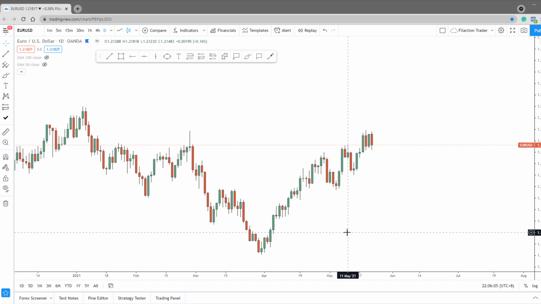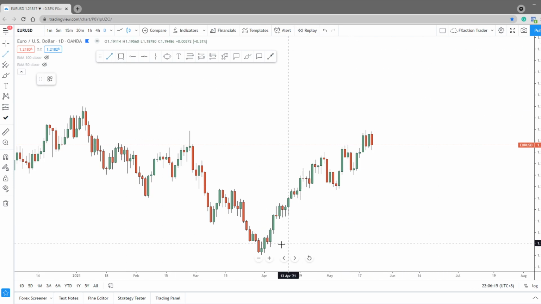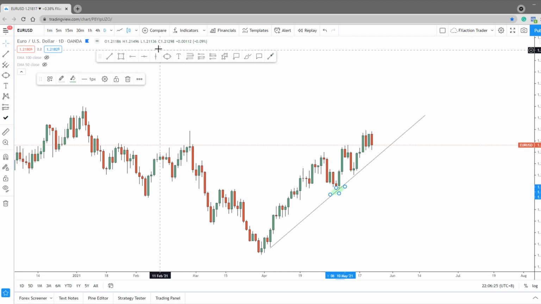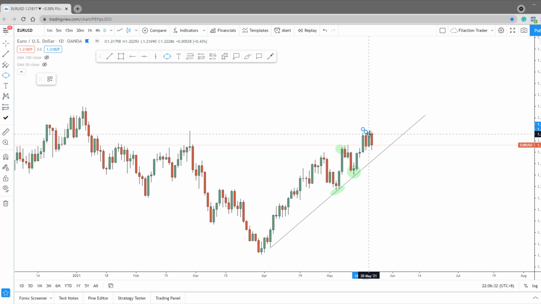By looking at the daily chart, what we can see is that this pair has been showing us a very clear uptrend, which firstly, the entire market is supported by this uptrend trend line. And next, market has been creating higher lows, higher high, higher low, and a new higher high for quite a long period of time.